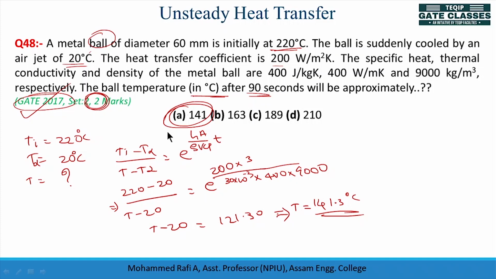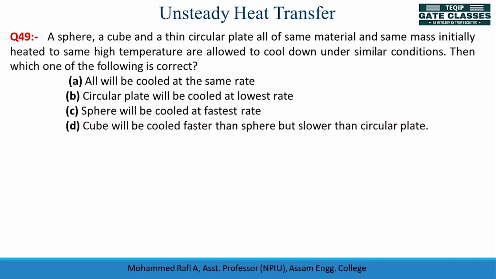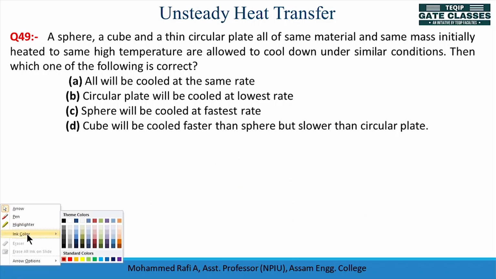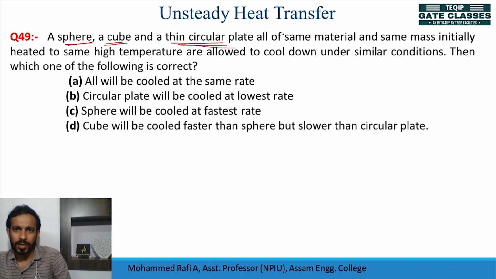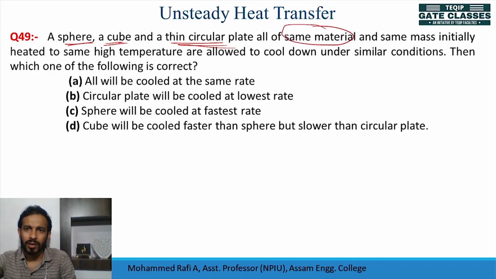Okay, so let's discuss a last question and I will be stopping here. This is also a conceptual level question related to heat transfer. A sphere, a cube and a thin cylindrical plate, of the same material and same mass, initially heated to the same temperature, and they are allowed to cool.